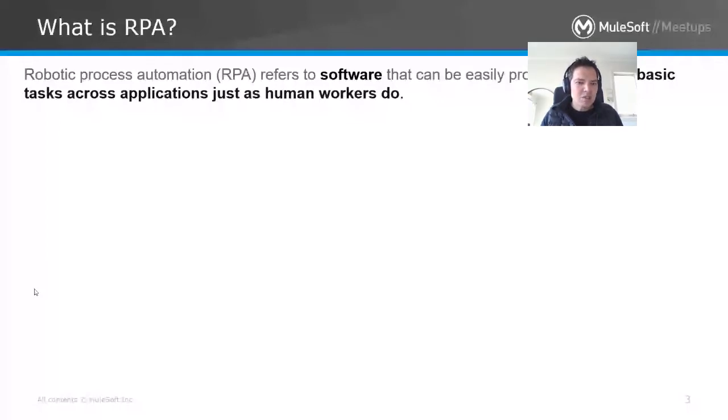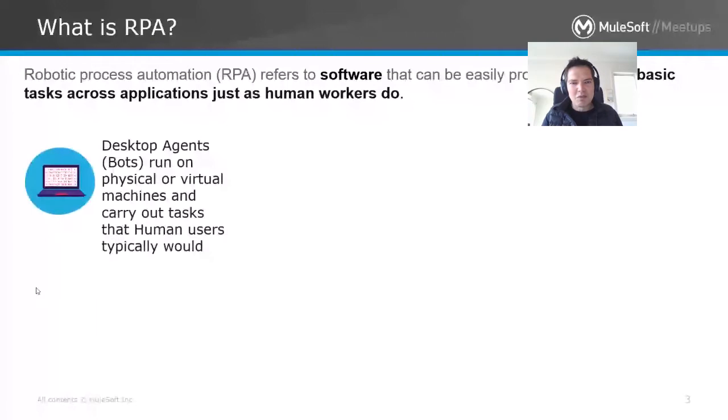So let's start off with a bit of a definition of what RPA does. We're referring to software that can be easily programmed to perform tasks across applications, just as people or knowledge workers can do.